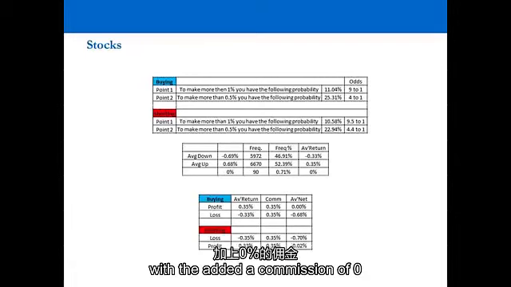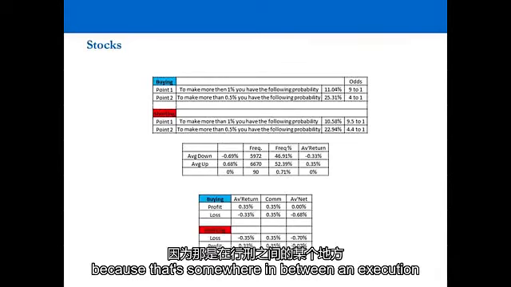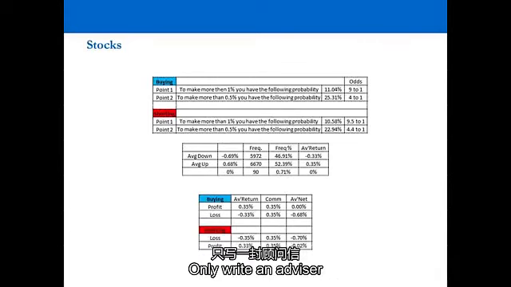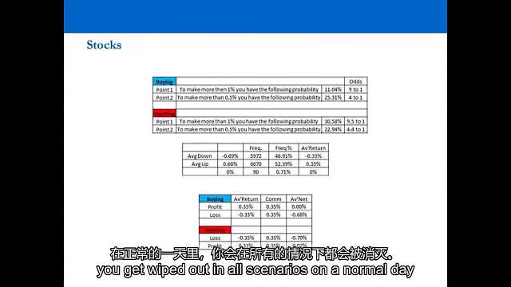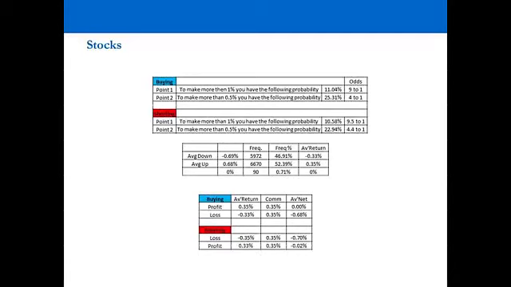If you add in a commission of 0.35, which is fairly reasonable because that's somewhere in between an execution-only rate and an advisory rate, because 35.35 means 17.5 in to trade, 17.5 out to trade. It's a round trip. If you add that in, you get wiped out in all scenarios on a normal day.